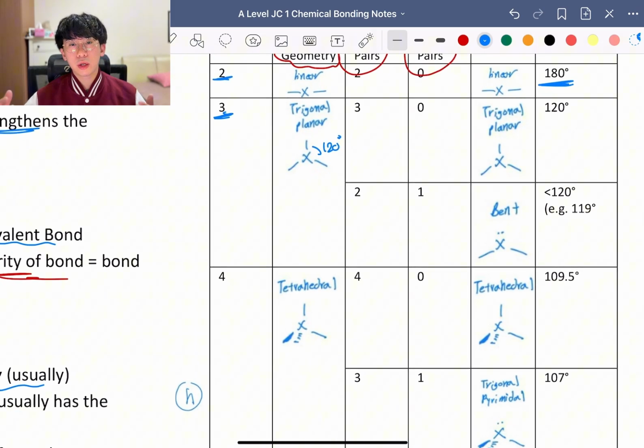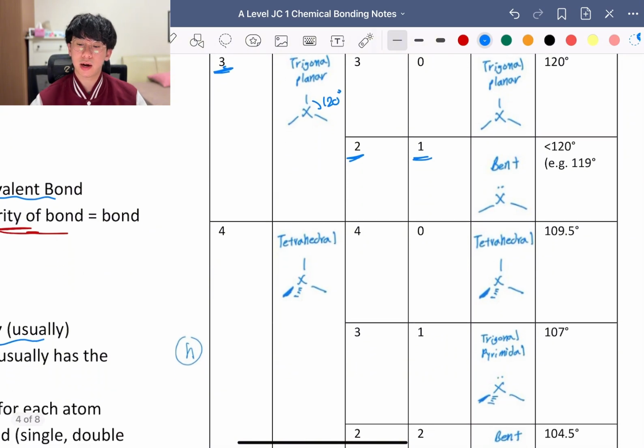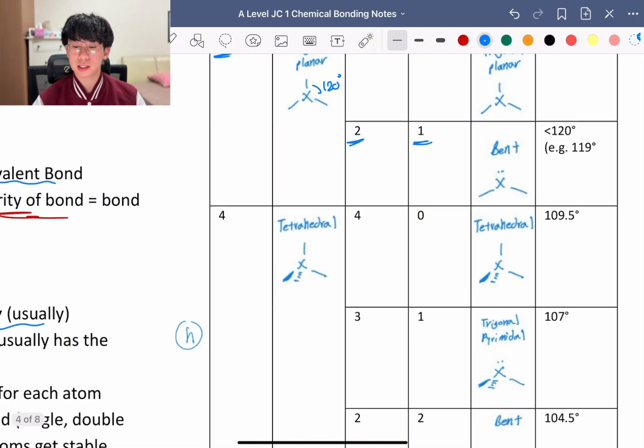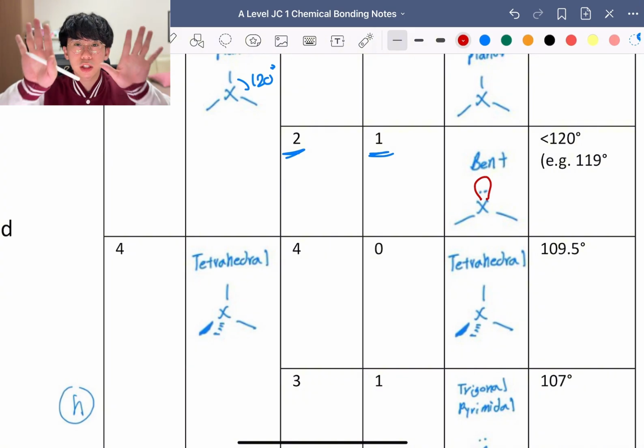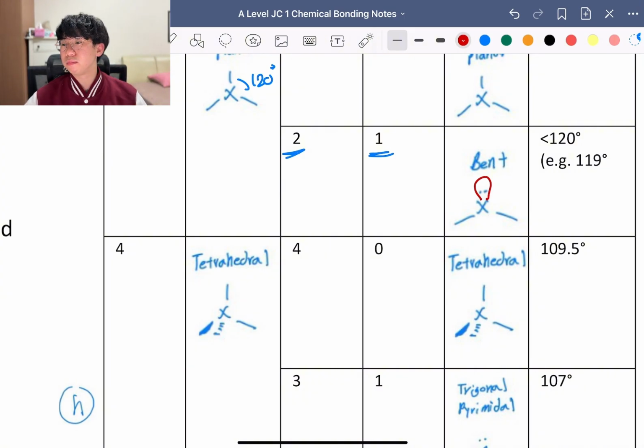But then when you have 2 bond pairs and 1 lone pair, remember rule number 2, where lone pairs repel more than bond pairs? If that is the case, you'll get a structure like this, where the lone pair is repelling more than the bond pairs. It's kind of like the selfish big brother of the family that would just shove the younger siblings away.